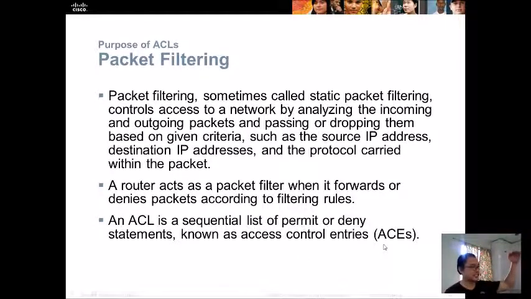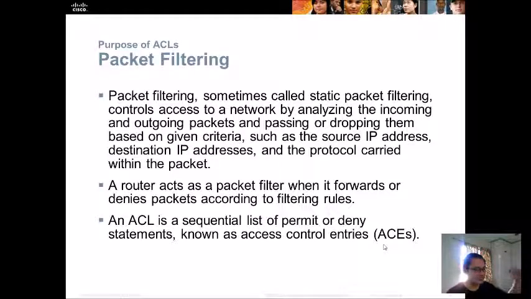So it is a list, right? A list is just like a paper, and you write everything on that paper. What are your rules? What are the statements? So it is a sequential list, meaning it is read top down. First entry, second entry, third entry, and so on.